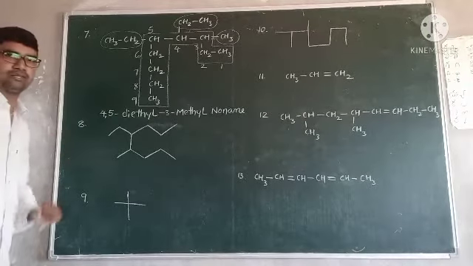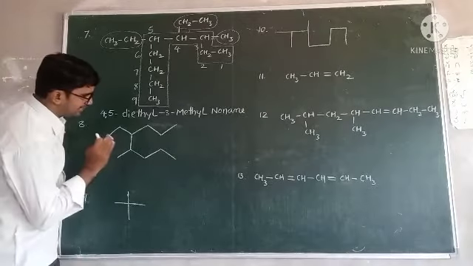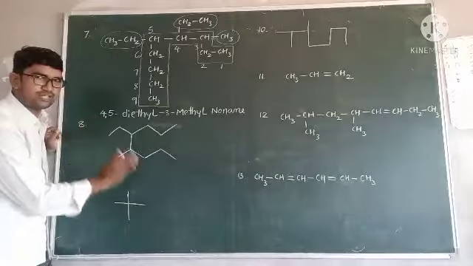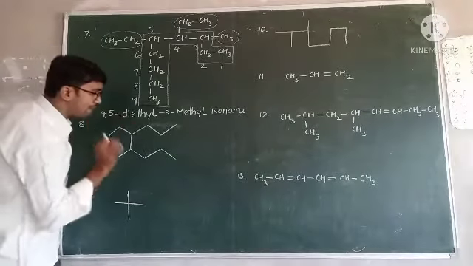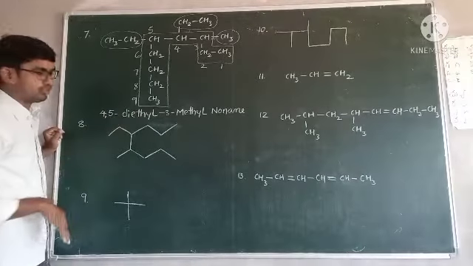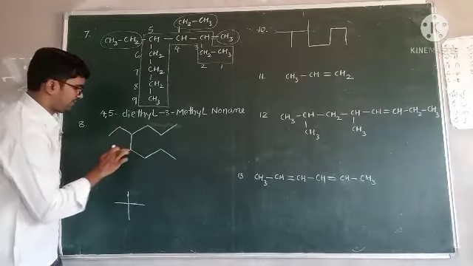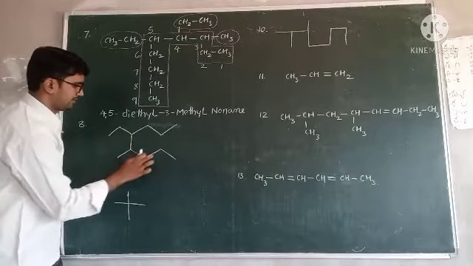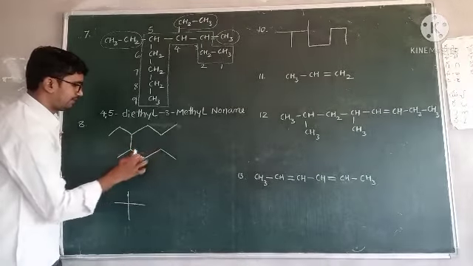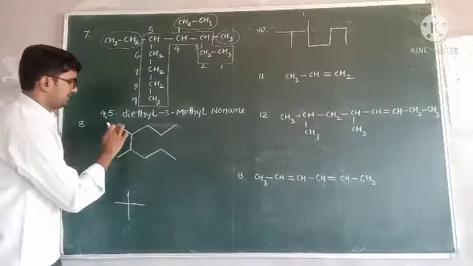Now come to the 8th one. In the 8th one, first identify: there are no functional groups and no multiple bonds. But we have to identify which is the long chain and which are the substitutions. Here also, first, how many long chains are there? This is one chain, this is one chain, this is one chain.